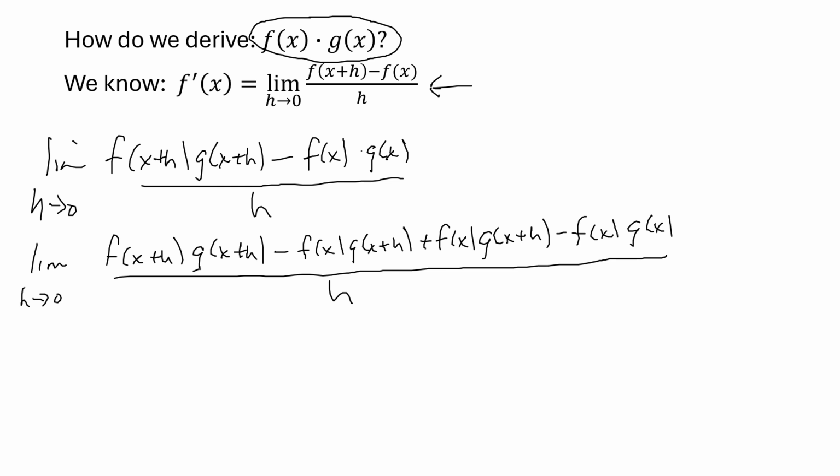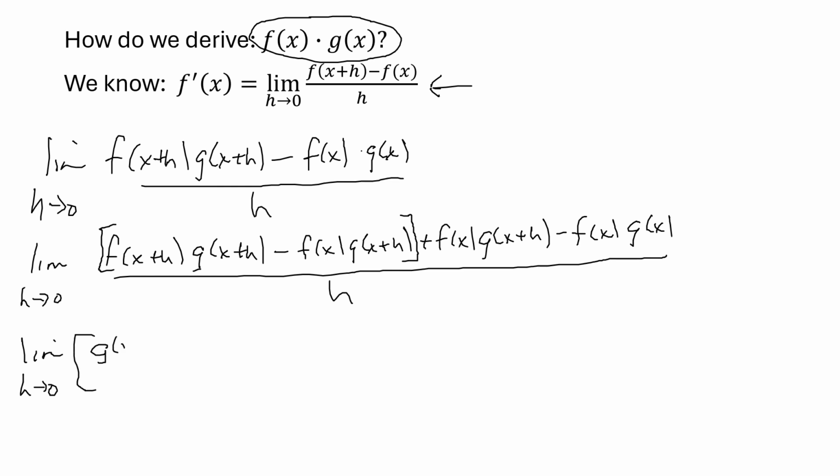Now we're going to try to calculate this limit. Let's take a look at the numerator. We're just going to look at the first two terms only. If you look at them specifically, you see that there's a GCF now. G of x plus h is in common. So I'm going to factor it out.